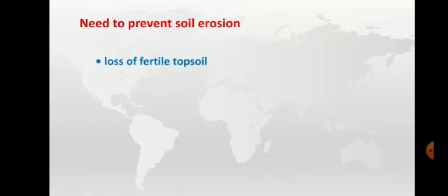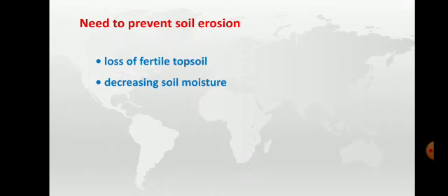Next is decrease in soil moisture. Due to the decrease of soil moisture, lowering of the underground water table takes place.